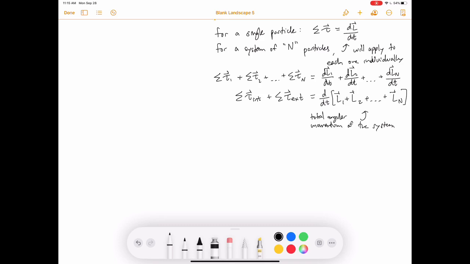And on the left side, again, I have external torques and I have internal torques. But the internal torques are going to add to 0. So these will sum to 0 because of Newton's third law.